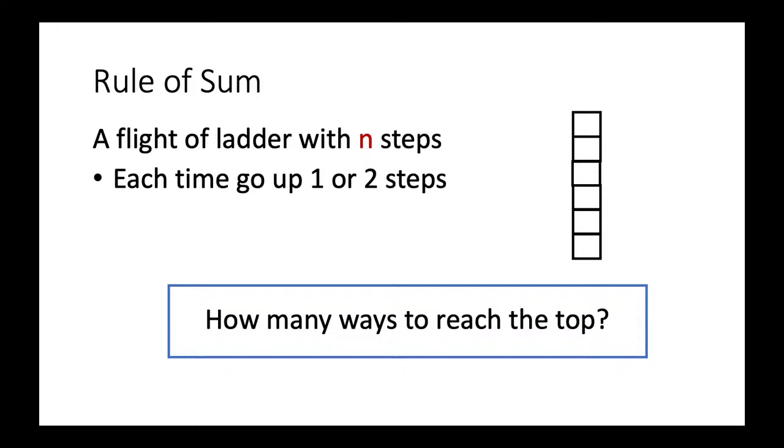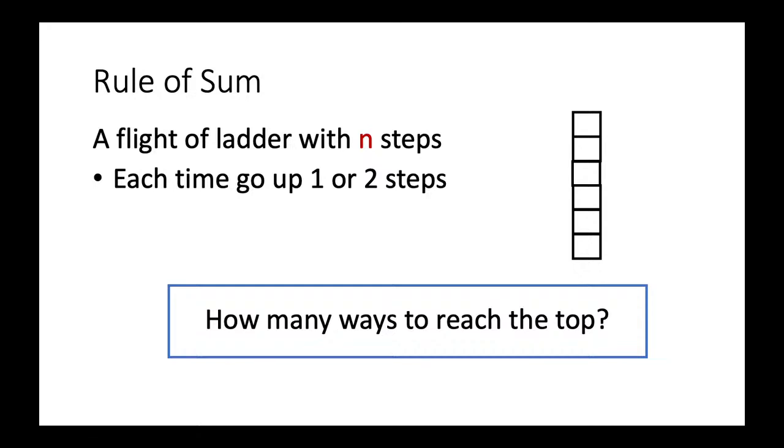You can either go 1 and then 1, so this is the first way, or you just go 2 steps. In that case, this is going to be the second way. So when n is equal to 2, the number of ways will be 2.